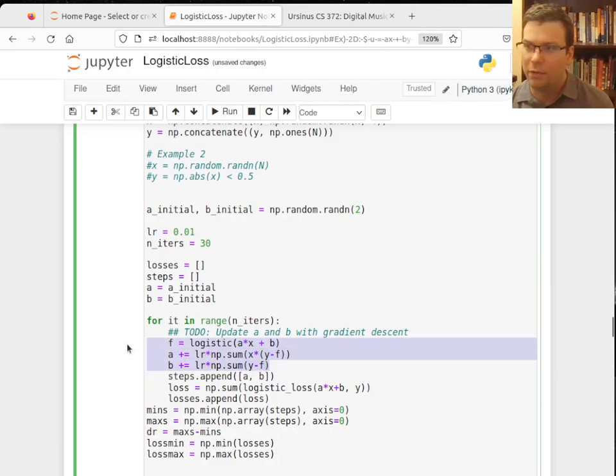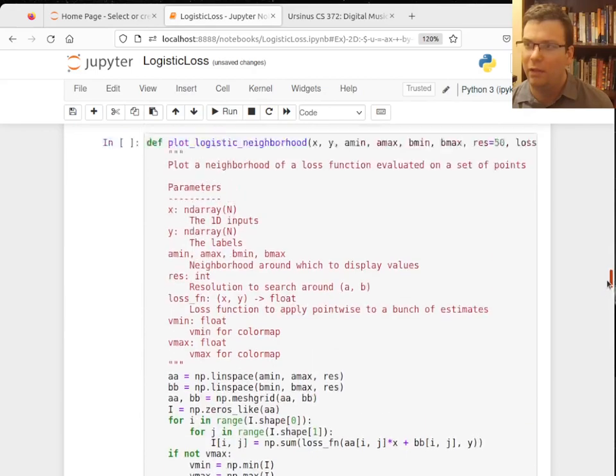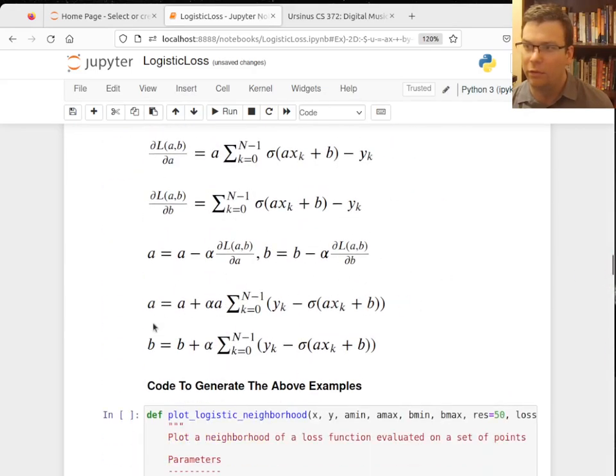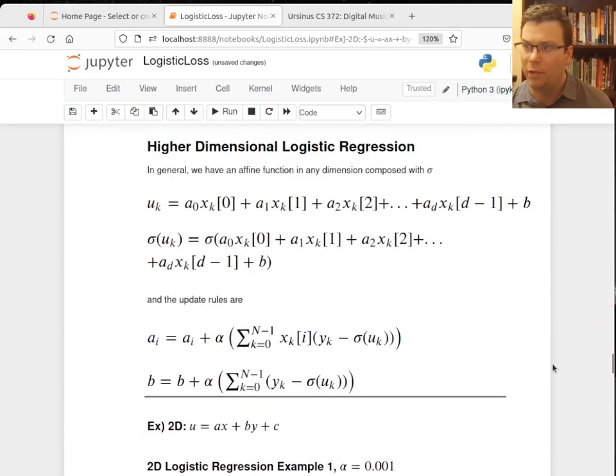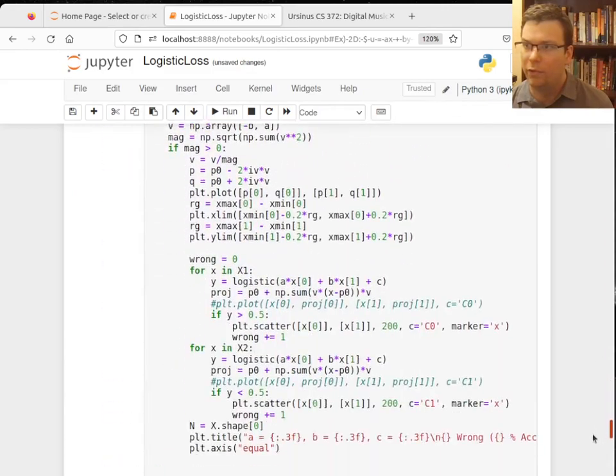So these are the parts that actually do it, and it's simple again: evaluate the logistic function, and then I want to change A by the learning rate times the sum over all examples of whatever x is times what the output's supposed to be minus what my estimate is, and then the bias, the B, changes by the learning rate times the sum of what the output's supposed to be minus that. So I just want you to see how simple these equations actually are. These two equations here actually are in code.